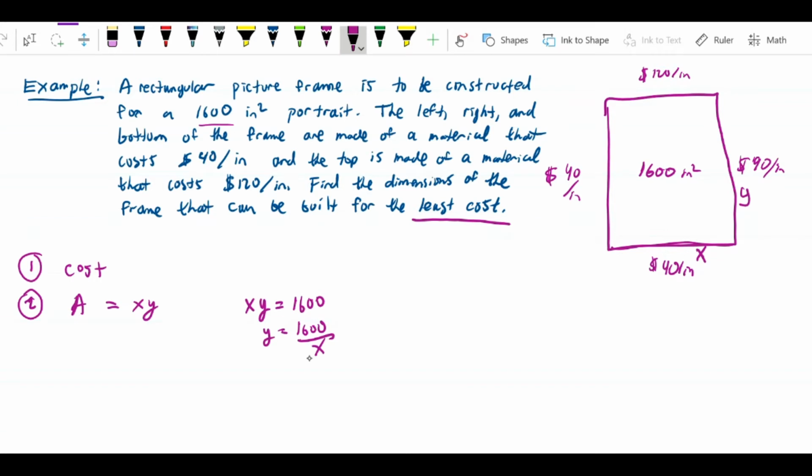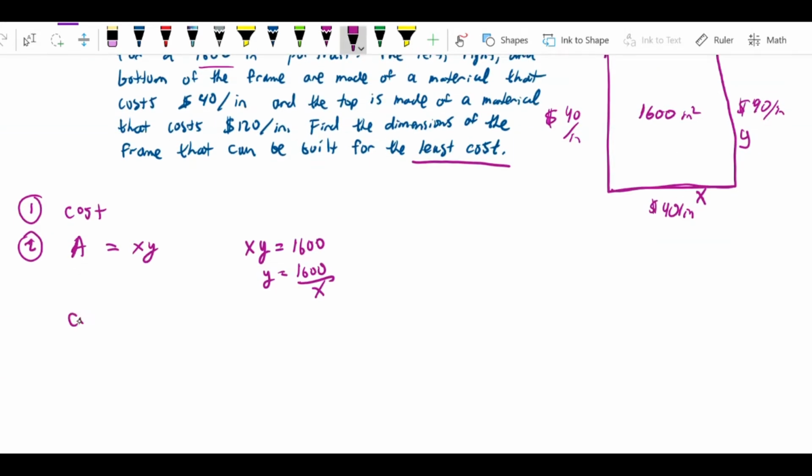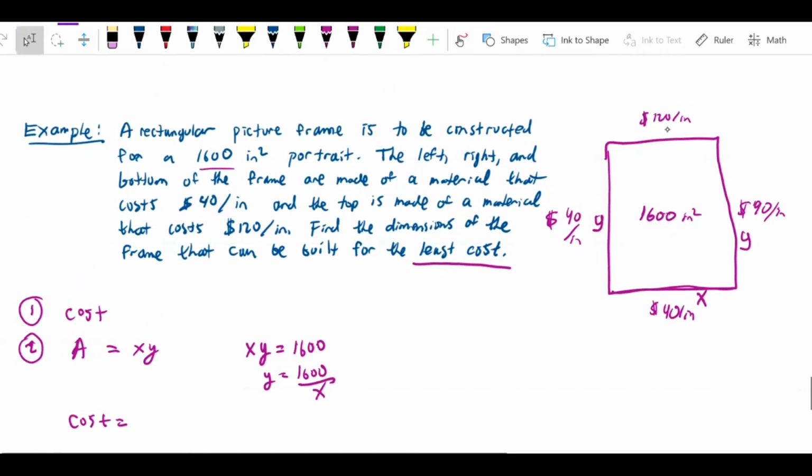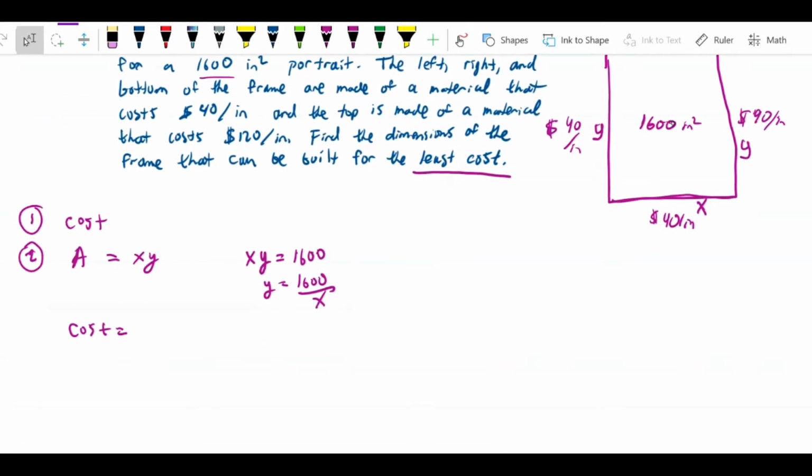It means that I can write the cost. Let's figure out what the cost function is going to look like. This is a side of length y, that's x, and that's going to be x. So the cost is going to be equal to 40 times x plus 40 times y plus 40 times y plus 120 times x.